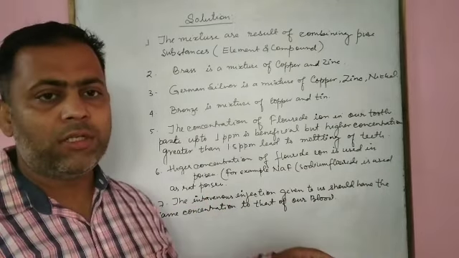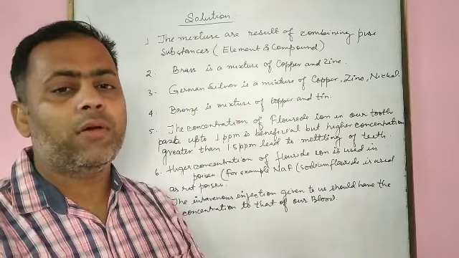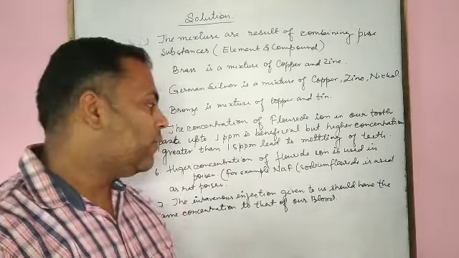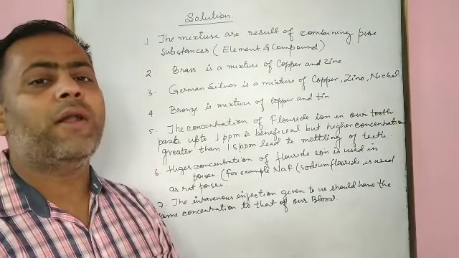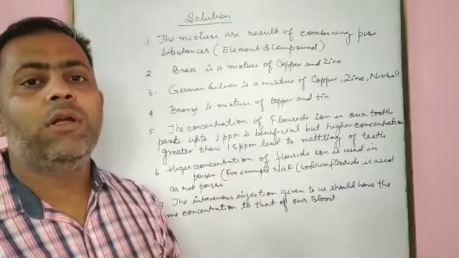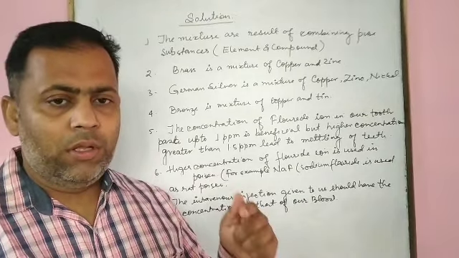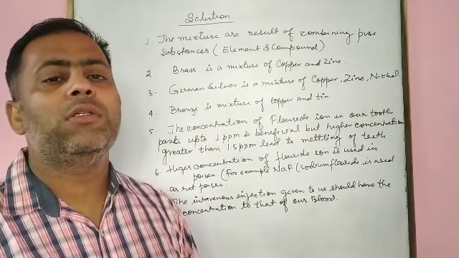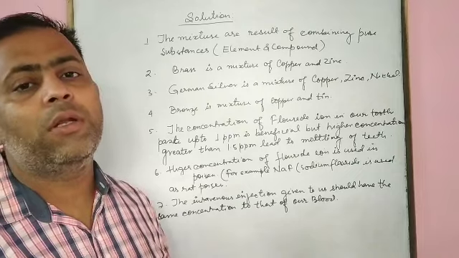The intravenous injections which are provided to us should have the same concentration as that of our blood. Otherwise, it will lead to dilution or concentration of the blood, which is fatal to us. This is how we know the solution is important to us, and the utility of the mixtures depends upon its composition, on which its property is dependent. Let us discuss the next topic, that is the types of solution.